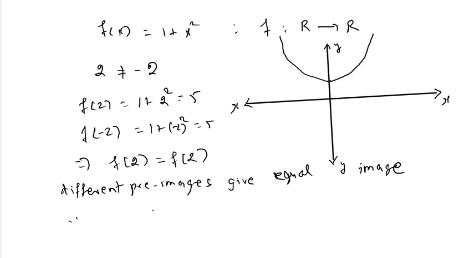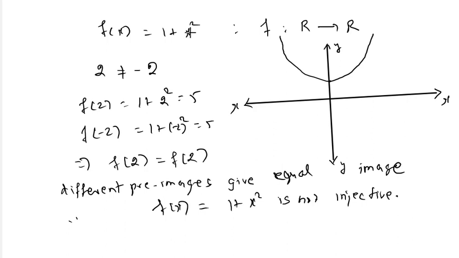Therefore the function f of x equal to 1 plus x square is not injective. Now we have to confirm whether the function is onto or not, surjective or not.